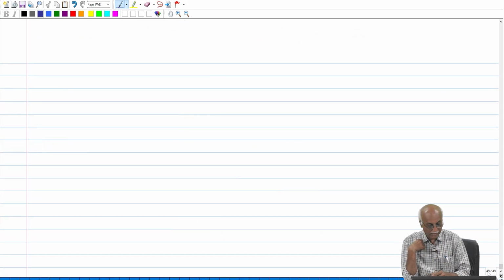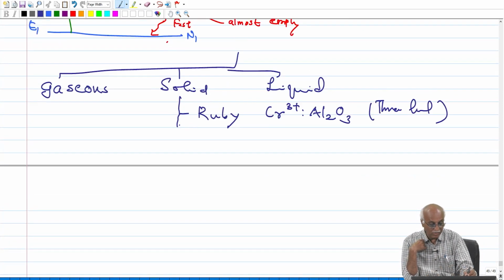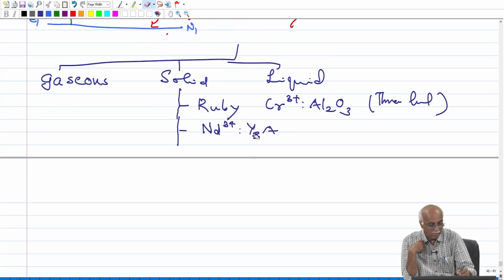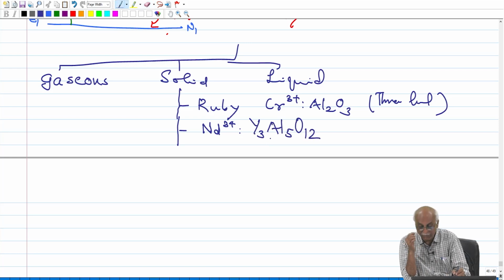So, ruby is one. Like that, there are various other solid state crystals. For example, neodymium doped yttrium aluminum garnet, Y3Al5O12, is known as YAG material, yttrium aluminum garnet compound, which is the matrix.